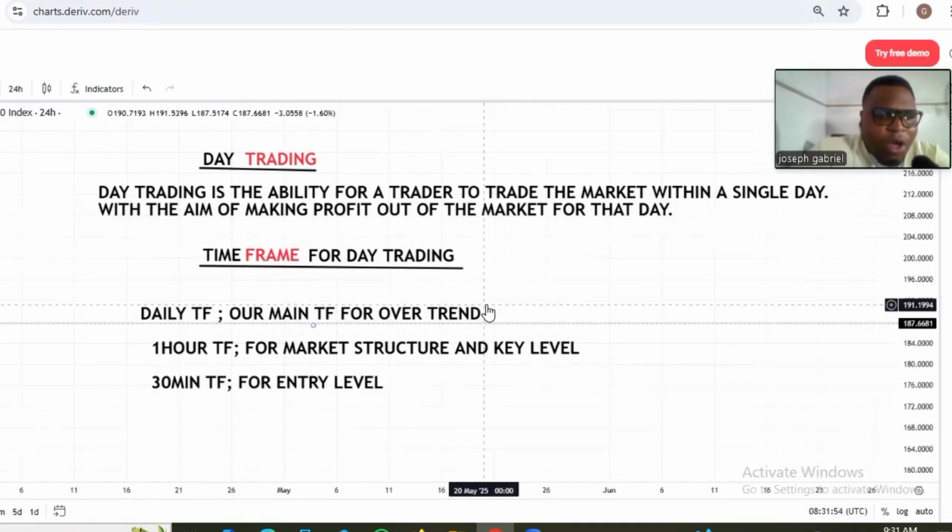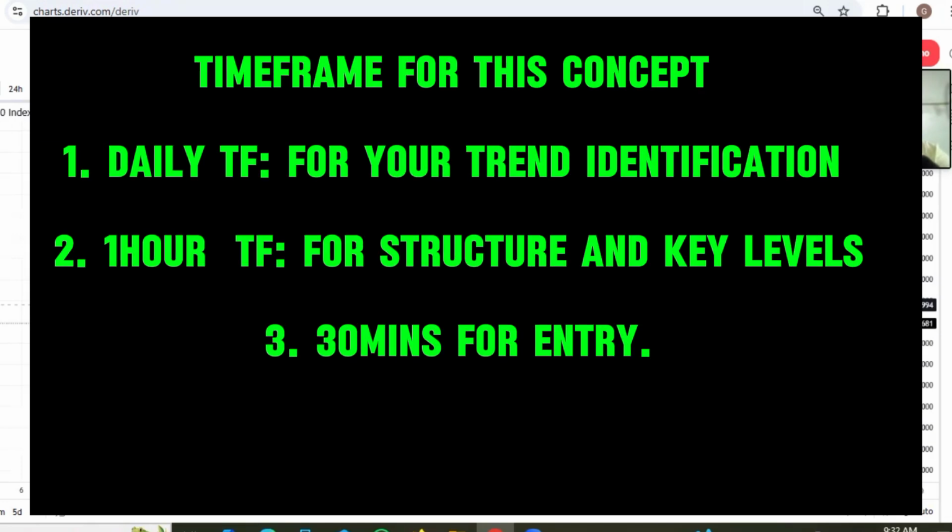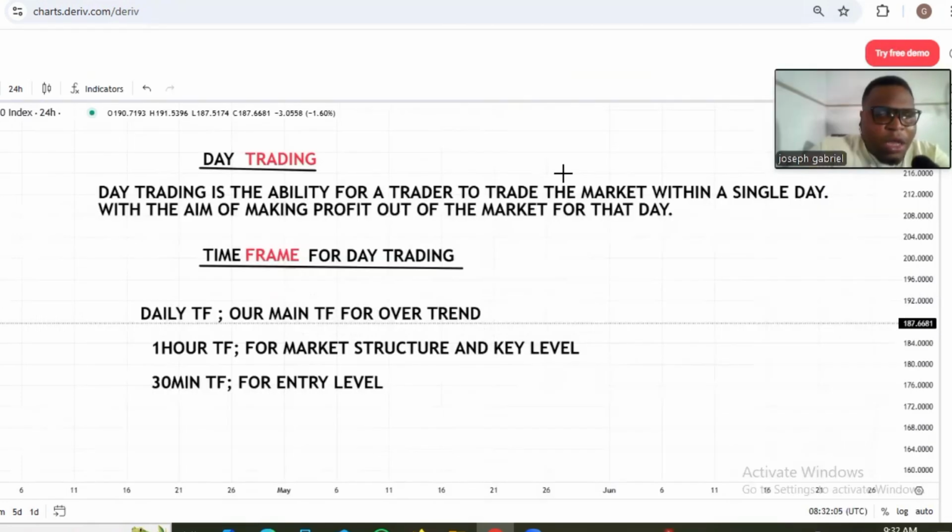That is why I want to show you guys this. I'm going to give you a live example so that you understand everything clearly. On the daily time frame, the two things you need to be looking at: number one, the trend, the occurring trend that has been happening on that particular time frame.